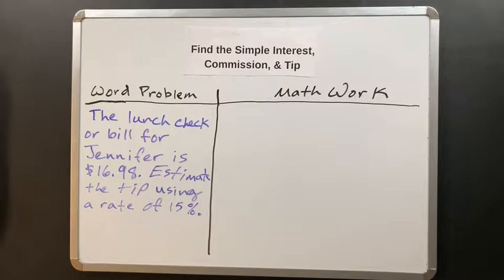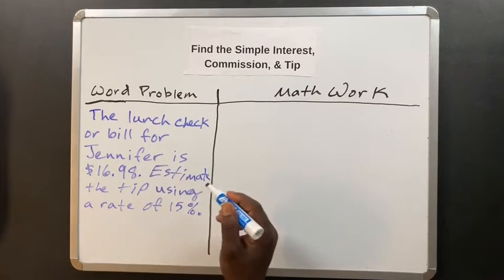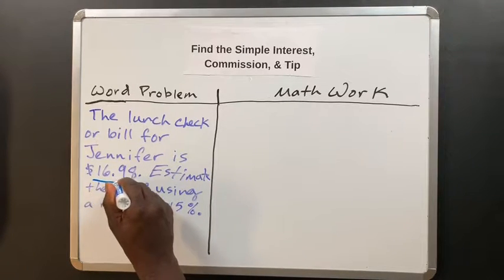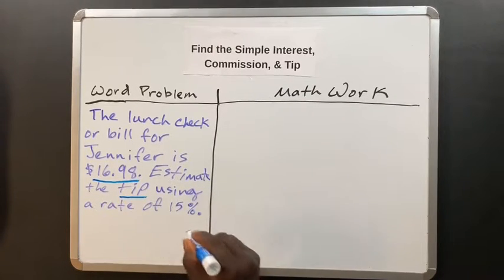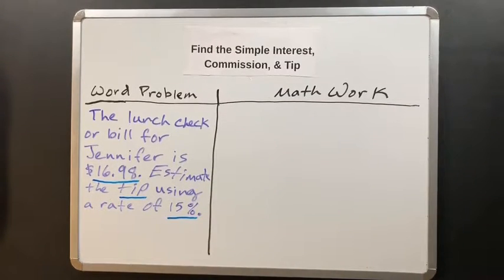Now, it tells us that the bill or the lunch check is $16.98, and they want us to find the tip and use a rate of 15%.